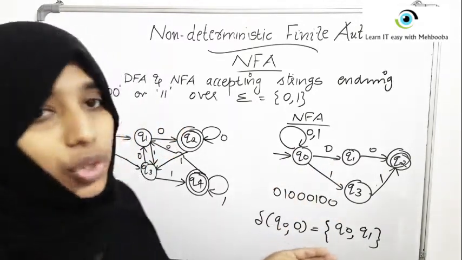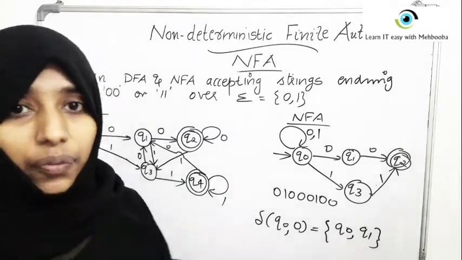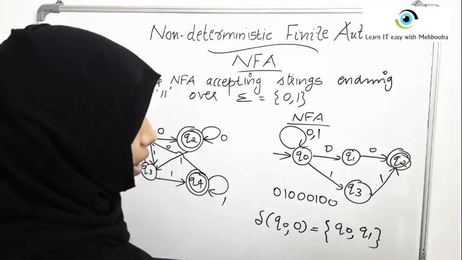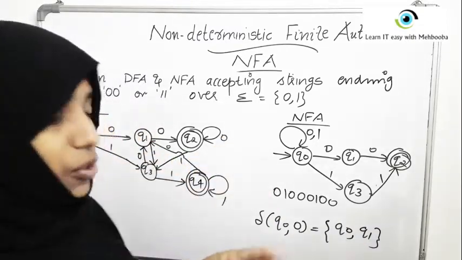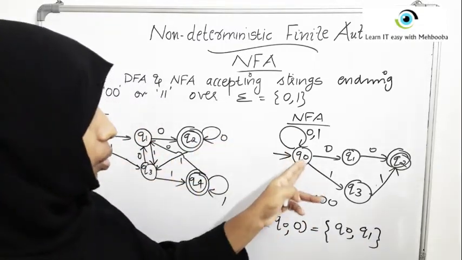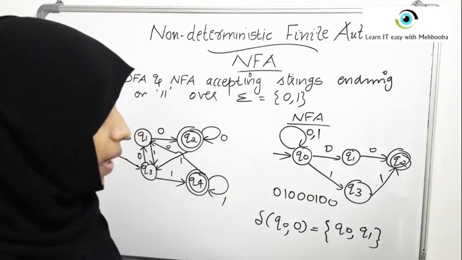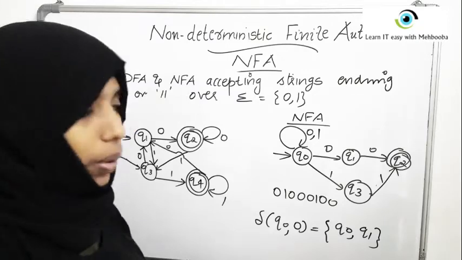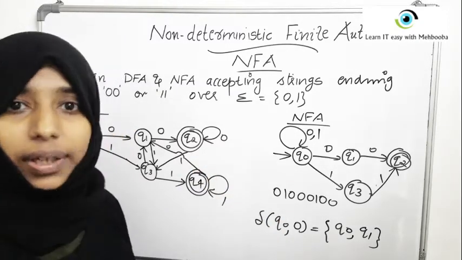This privilege was not available while designing a DFA. You can go to exactly one state. In case of a DFA, this would be a single state. But in case of an NFA, from the same state, on the same input, you can go to multiple states. That's the primary difference, or I should say the only major difference, between NFA and DFA. So here the designing is very simple for you.